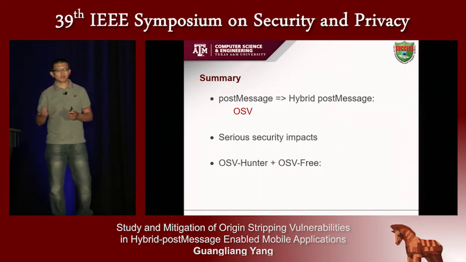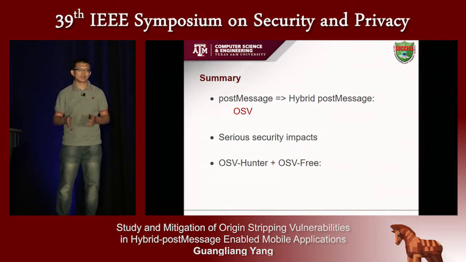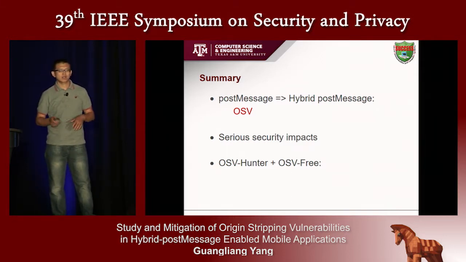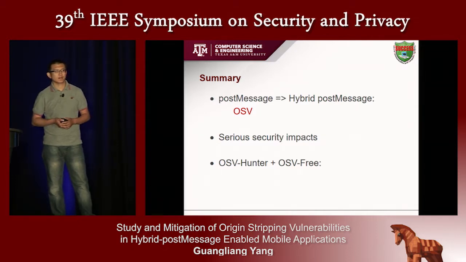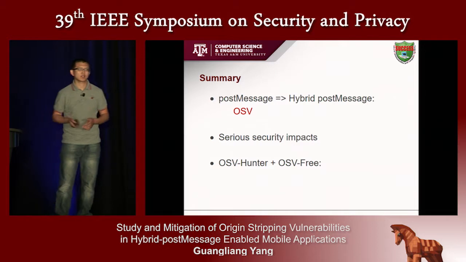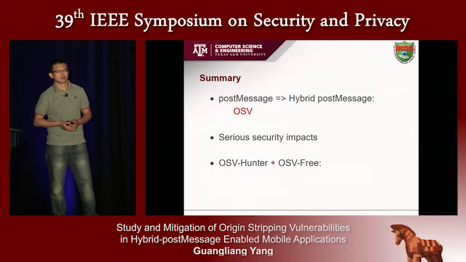Summary. When postMessage is extended into the mobile platform and developers do some extension, we call it Hybrid-postMessage. Hybrid-postMessage totally meets developer requirements, but serious consequences also come at a cost.